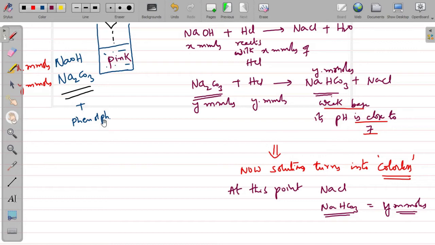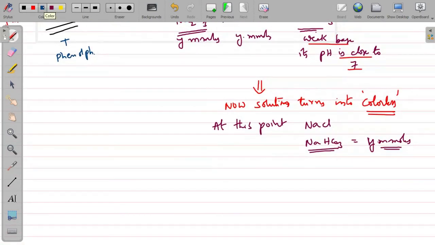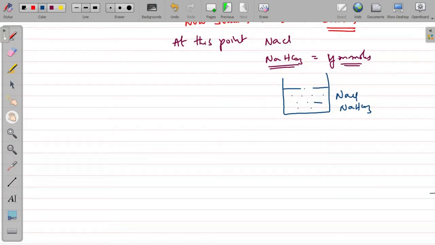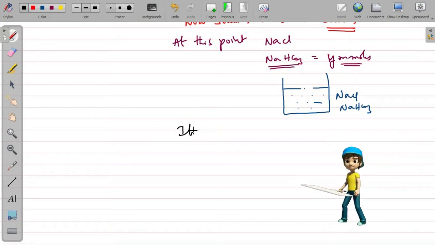Now, suppose you add methyl orange. Now the beaker contains NaCl, NaHCO3 and water. At this point, if you add methyl orange, what will happen? This is step 2.